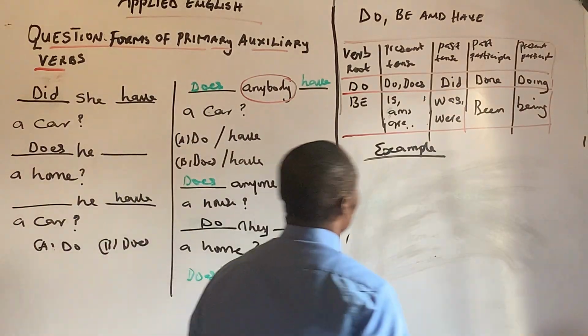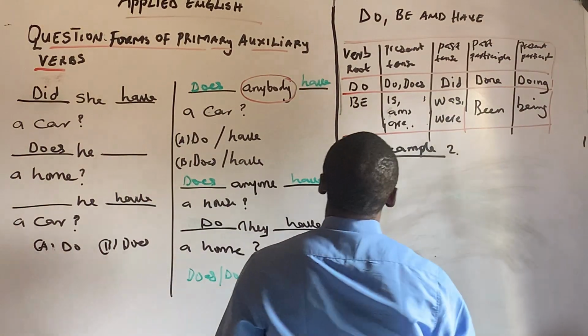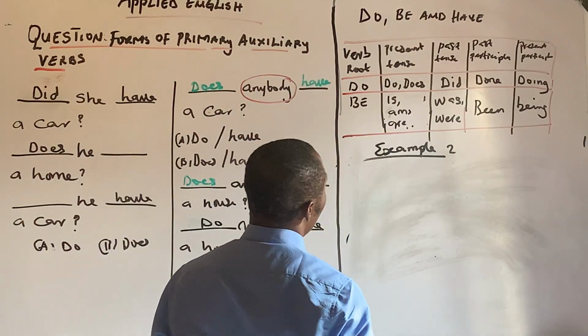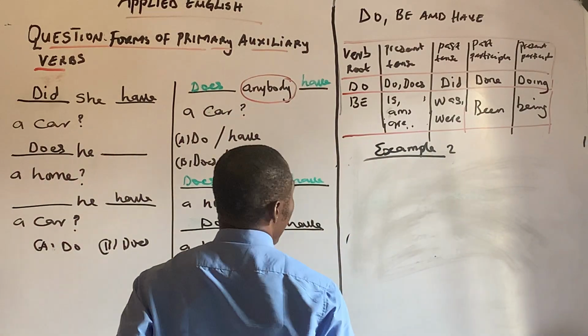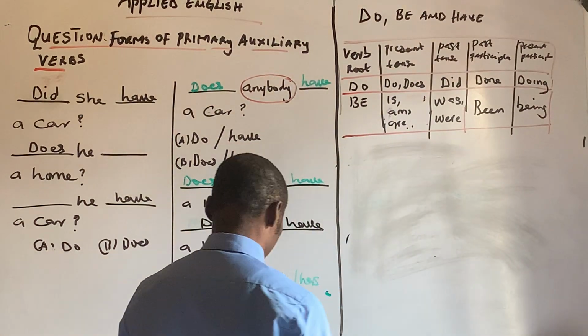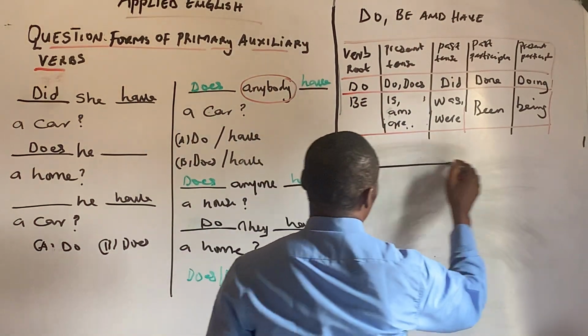All right, well, example 2. Example 2 is this. We have the verb be. But meanwhile, I need to put the last verb there, have, before we go to example 2. So let's put the verb have.